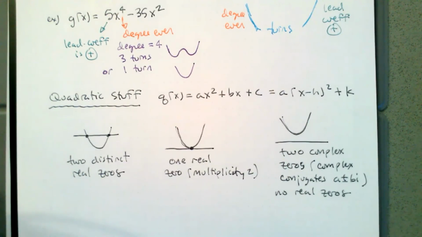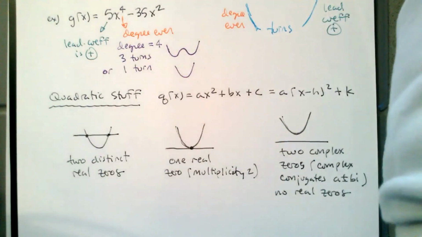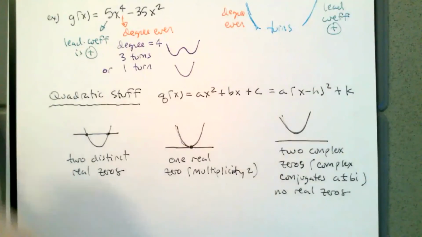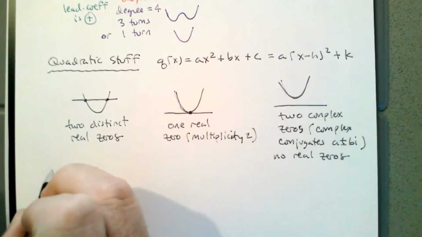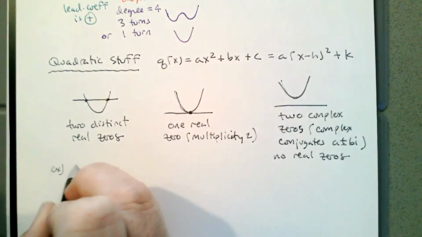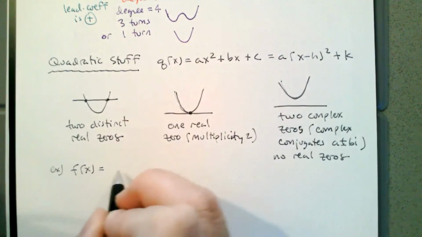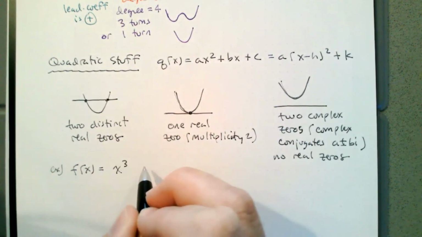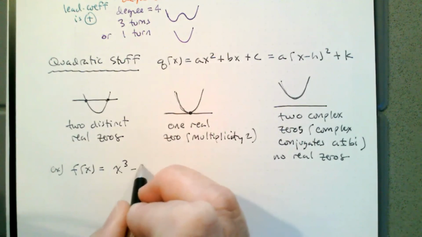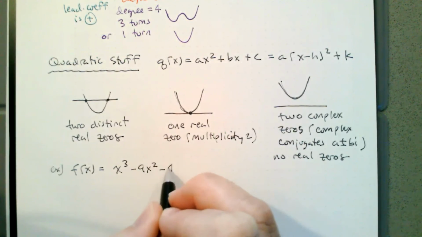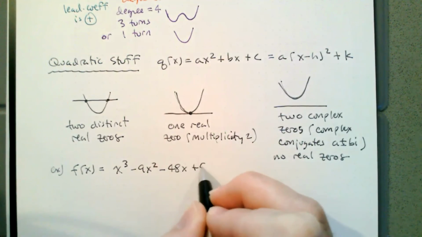If we think about our third degree polynomial, let's just bring it up again. Our previous f of x was x cubed minus 9x squared minus 48x plus 52.